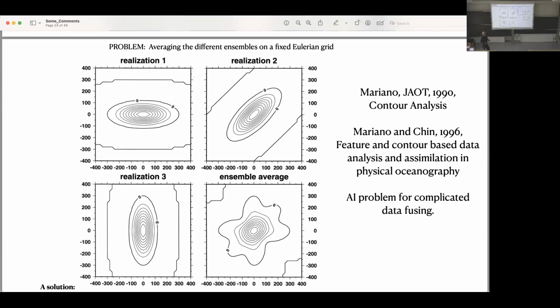So my recommendation is you find the maximum temperature, set that as a local 0,0 on a polar coordinate system, and then do the contour-based averaging, and you reduce the smearing problem associated with ensemble averaging. So doing Monte-Carlo simulations is good, but in our field, unfortunately, they're not averaging the results right.